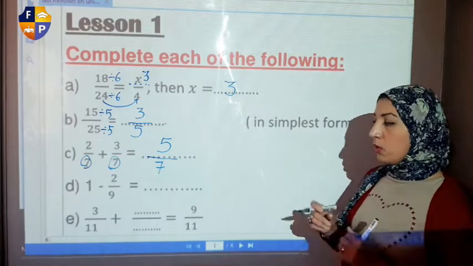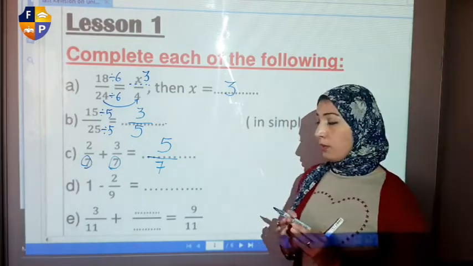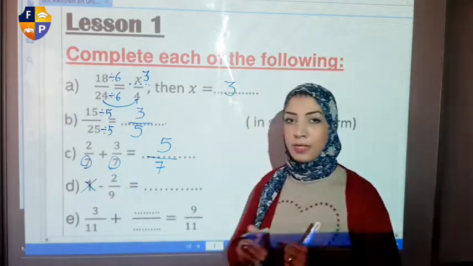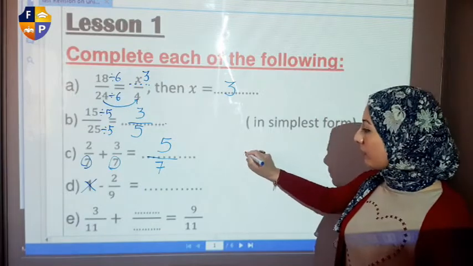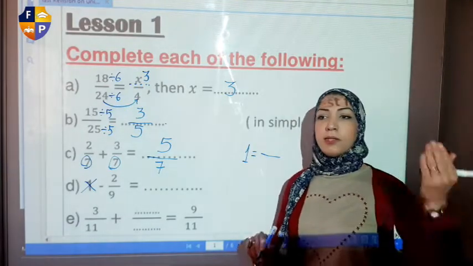Next one, 1 minus 2 over 9. Here, if you have 1, we will cross out 1 and write a fraction. All of you know that 1 equals any fraction whose numerator equals its denominator.